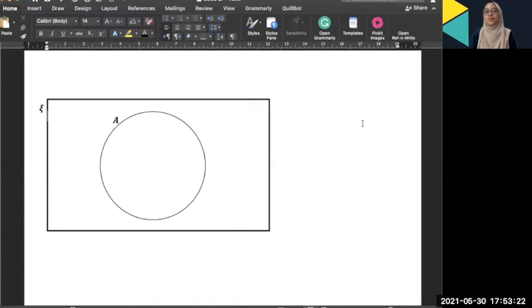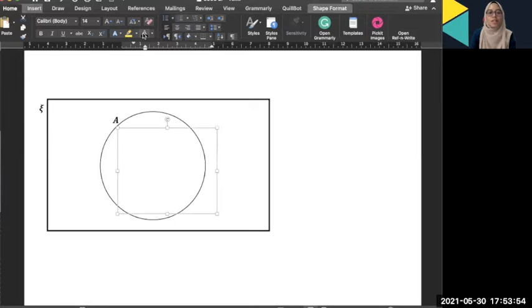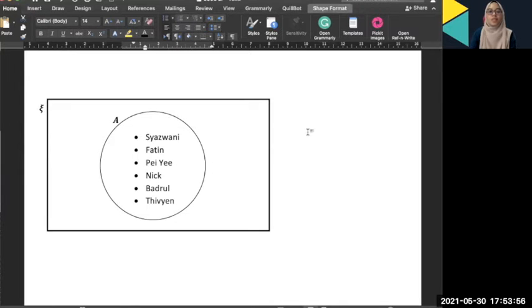So I've drawn for you a Venn diagram. You will need to draw a big rectangle to represent the universal set. Then you will need a big circle drawn inside the rectangle to represent the set. Now we can fill in our elements inside the shapes. For the circle, we need to fill in our elements for set A, which are the 6 students that have been discussed just now.